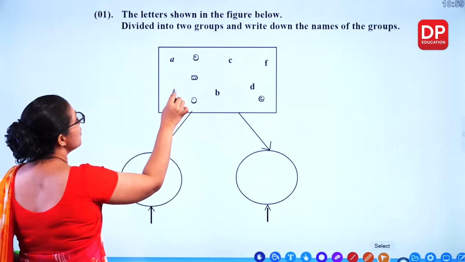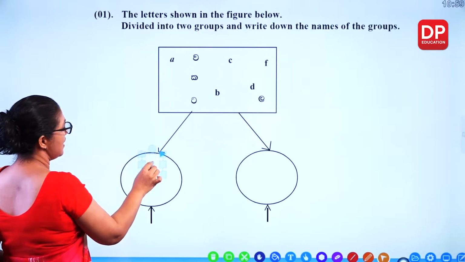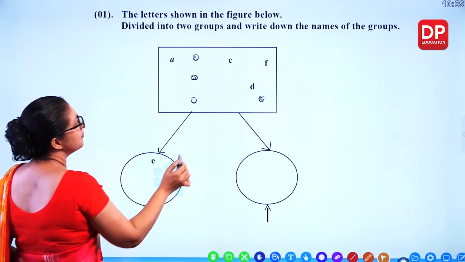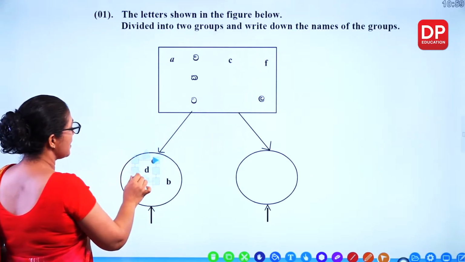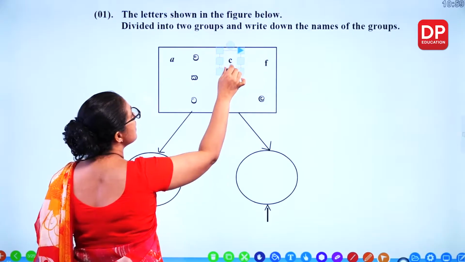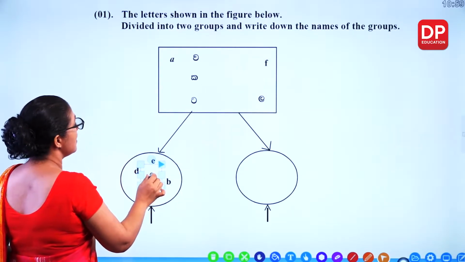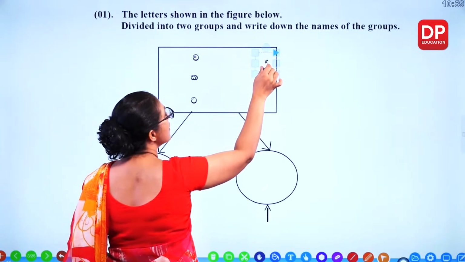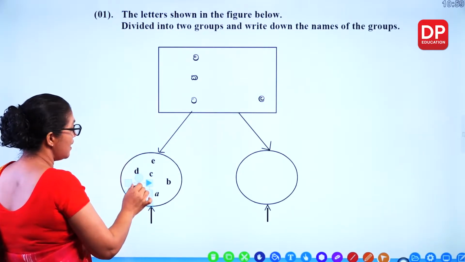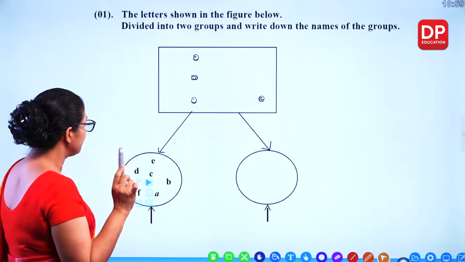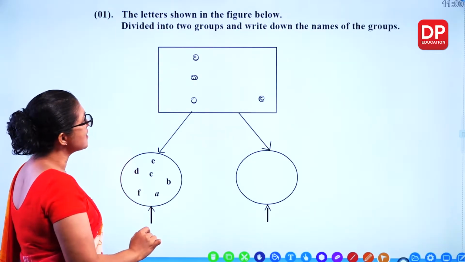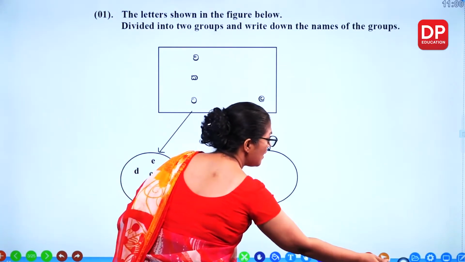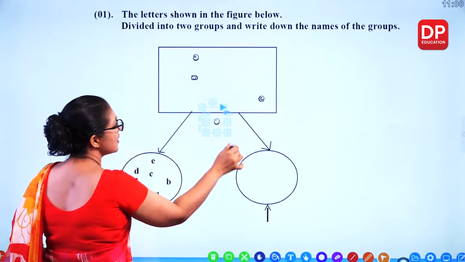So we know E, B, D, C, A, F. Those are letters in the English alphabet. What are the others? These are the letters in the Sinhala alphabet.